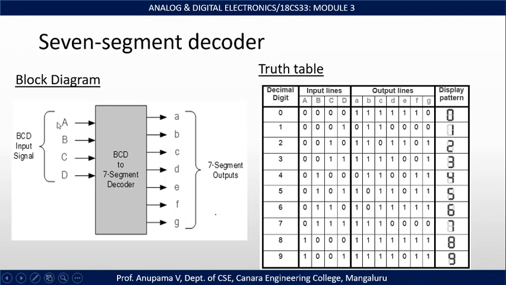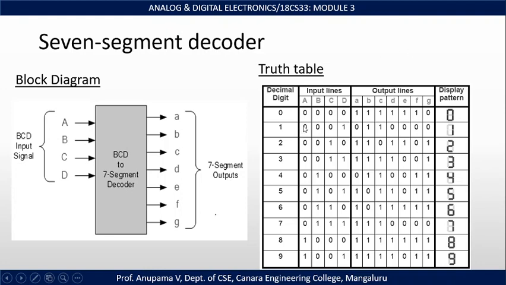So here the inputs are A, B, C, D, and outputs are lowercase a to g, that is, there are 7 outputs. Depending on the A, B, C, D value, one of the LED segments will glow.